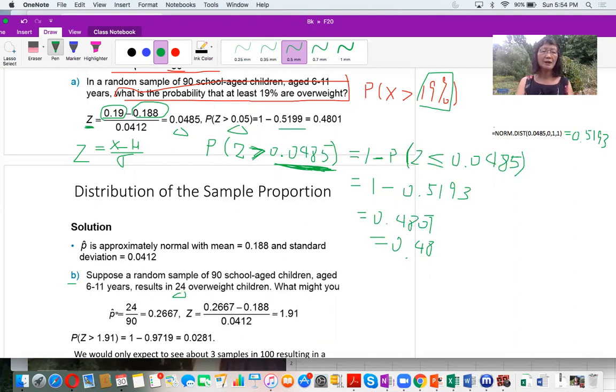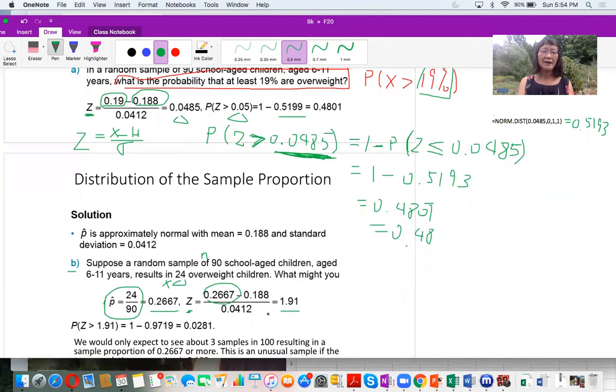So first, we calculate the sample proportion p-hat. X equal to 24, n equal to 90, and we get this number. And then translate this number into a z value. We get z value 1.91. And then we calculate the probability of z greater than 1.91.